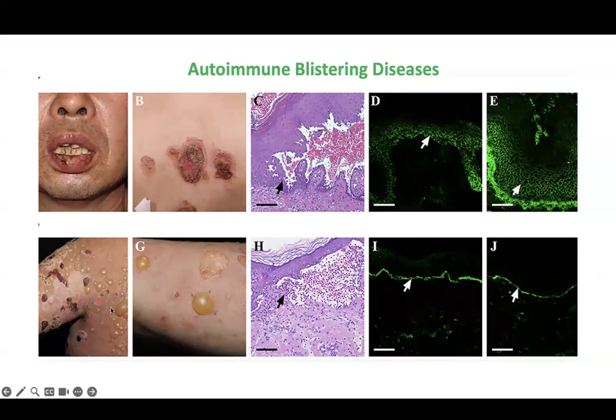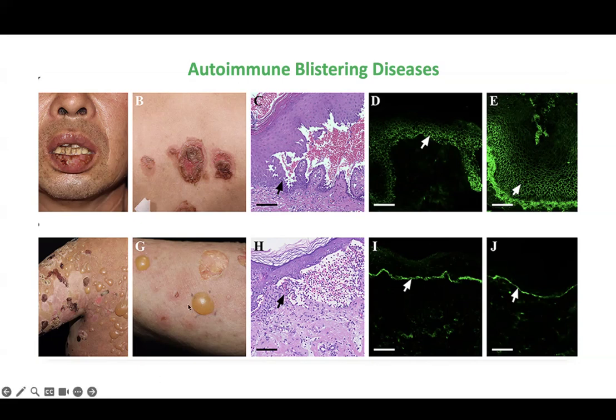And the picture below is of bullous pemphigoid. As we discussed, the level of separation in bullous pemphigoid is deeper than in pemphigus. So you can see the blisters are tense, shiny, tense blisters.